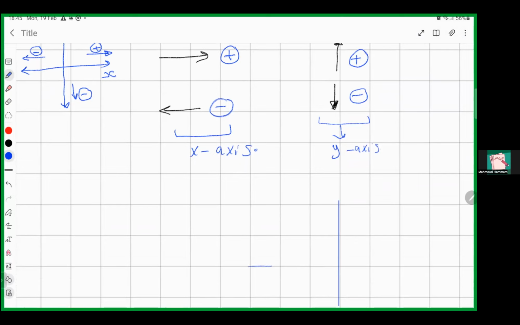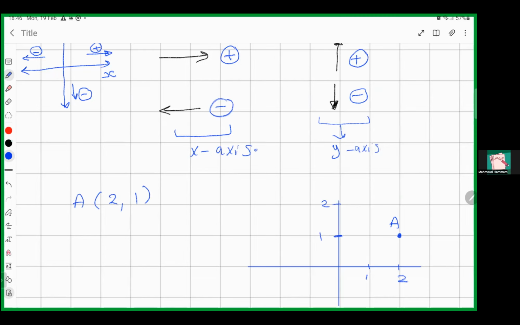Here is your point, which is the point A. Let's say the coordinates of this point A are: what is the x? 2. And what is the y here? 1. Again, the x is 2 and the y is 1.